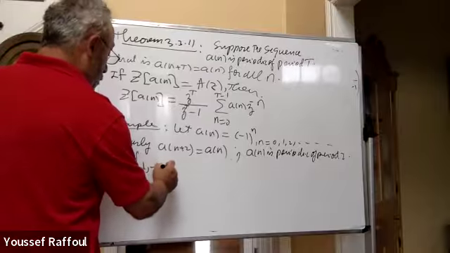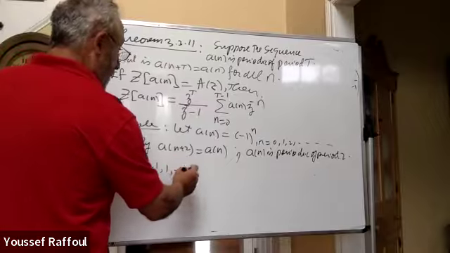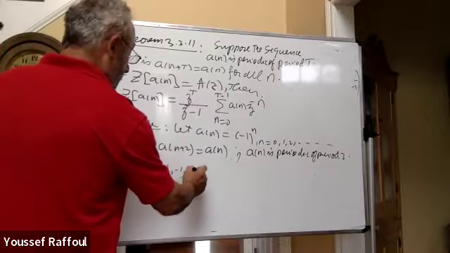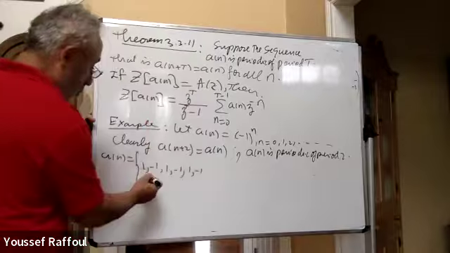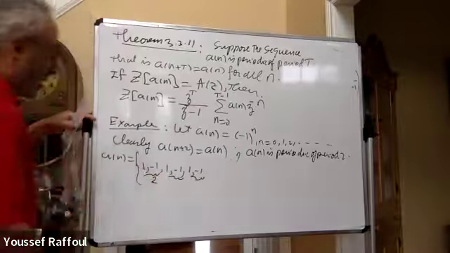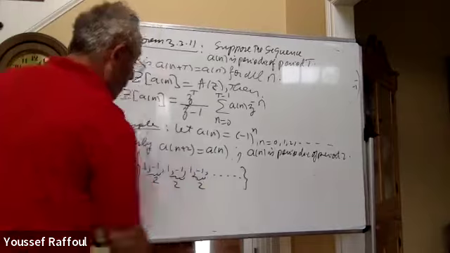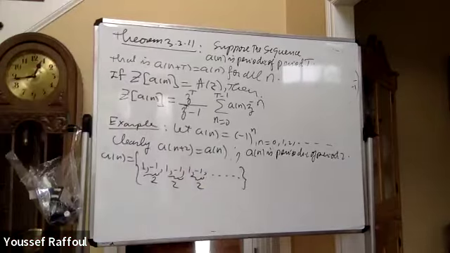For n equal 2, you get 1. For n equal 3, you get -1. For n equal 4, 1. N equal 5, -1. You see? So the spacing is 2. Okay? You see why it's period 2? Because the sequence repeats itself every 2 units.